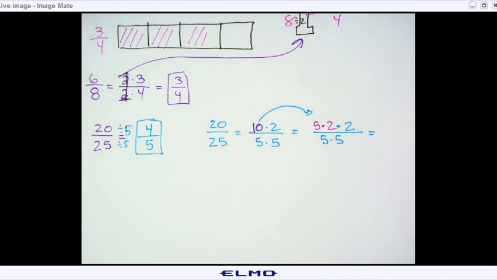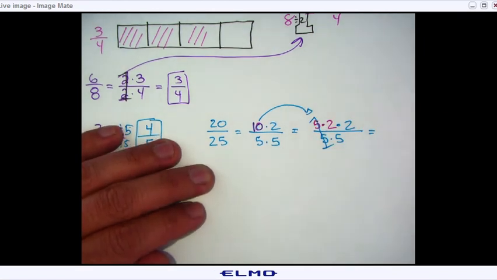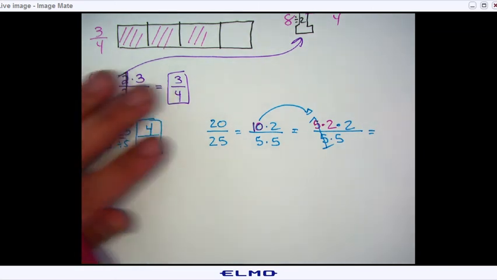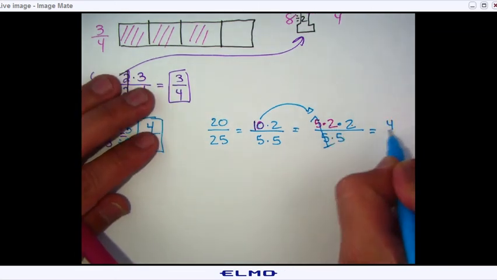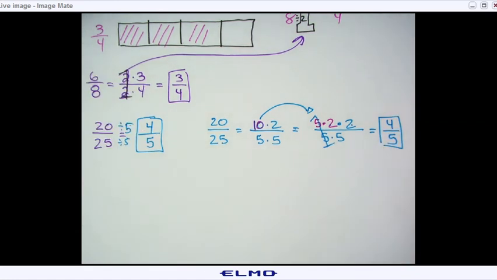So then now, do you have a giant 1? The ones that match. Do any of them match from the top and the bottom? Numerator, denominator? No, there's no giant 1, so then you just multiply what's left over. So 2 times 2 is 4 over 5. And you get the same answer.